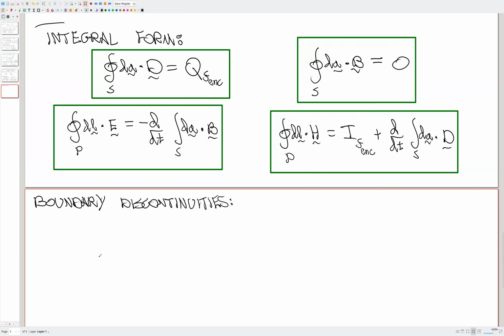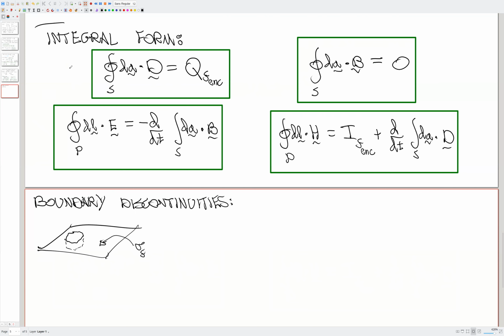Okay, so once again, let's imagine I have a certain surface here, and on this surface I have a certain free charge density sigma f. So this is a free surface charge density. So what do I do? I take a Gaussian pillbox like this, right? You remember the trick.